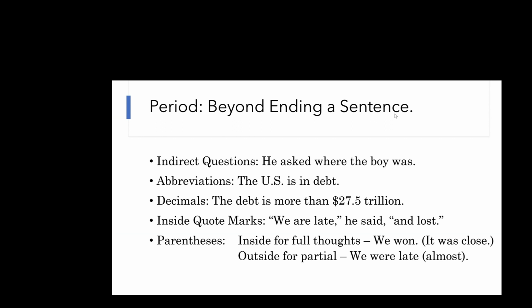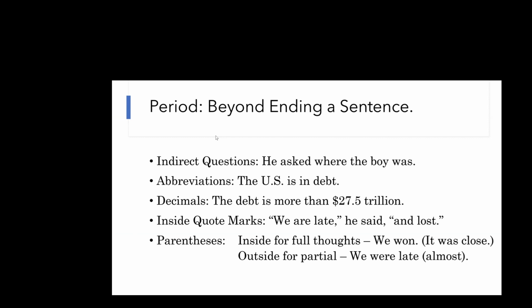Usually a period is used to end a sentence. We knew that, but there are exceptions, there are different rules, and let's talk about a couple of these exceptions. So, what about indirect questions? He asked where the boy was.